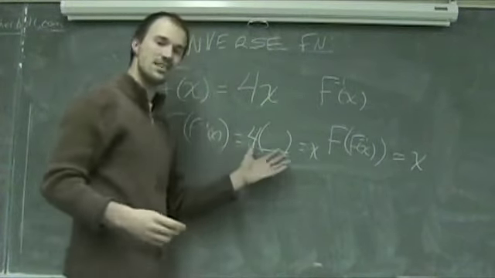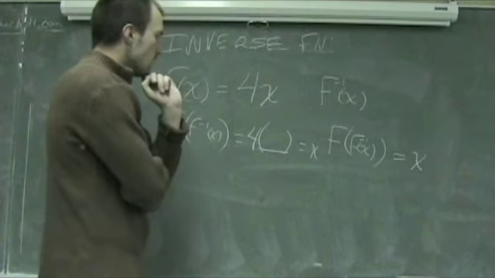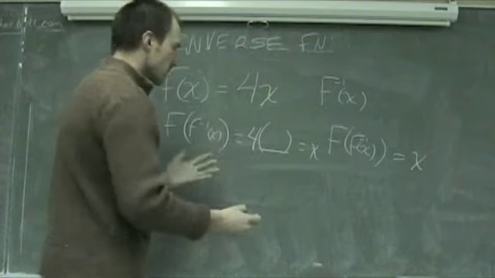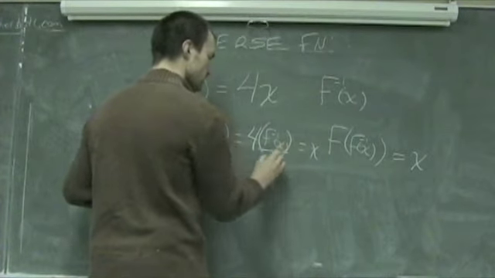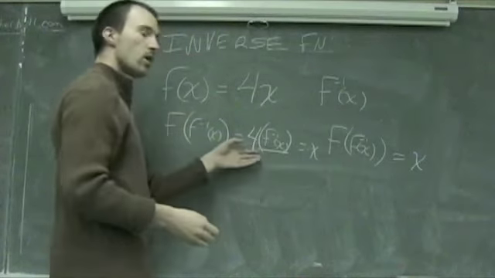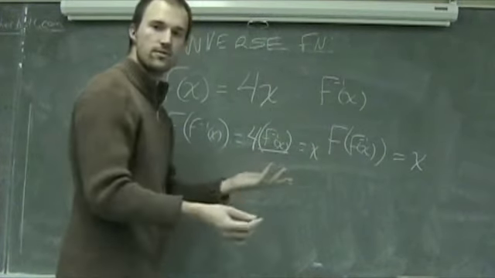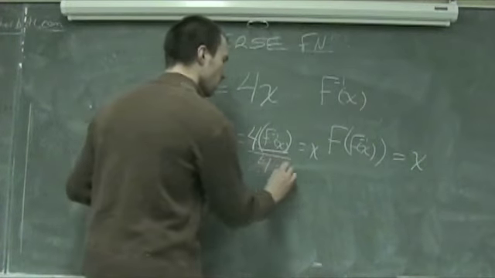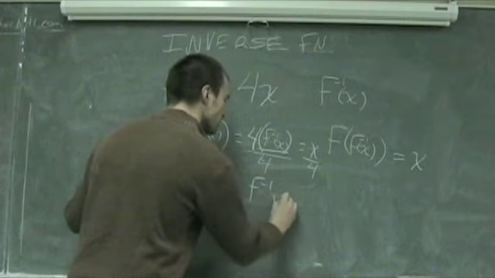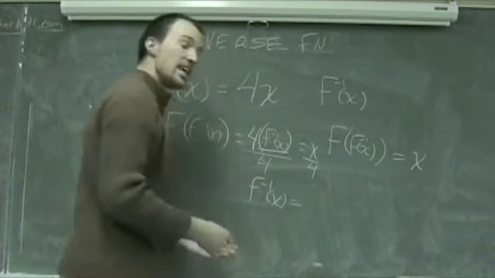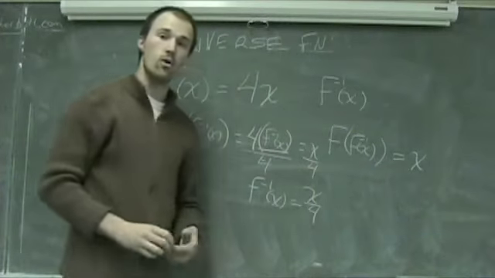4 times something. And this something, which we can call the f inverse of x, if we wanted to get f inverse of x by itself, well, I would just divide both sides by 4. Which leaves us with the f inverse of x equal to x divided by 4.